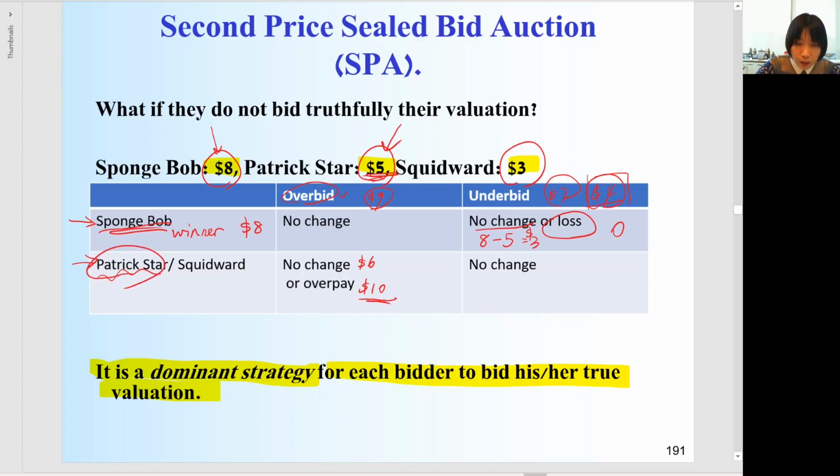He values it the most, but what's the price he needs to pay? The second highest price, which is $8 in this case. So he pays $8 for an item which is worth only $5 to him. So if he lies, he ends up with a negative surplus.